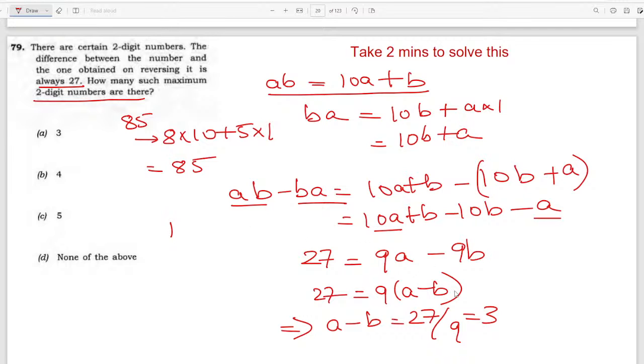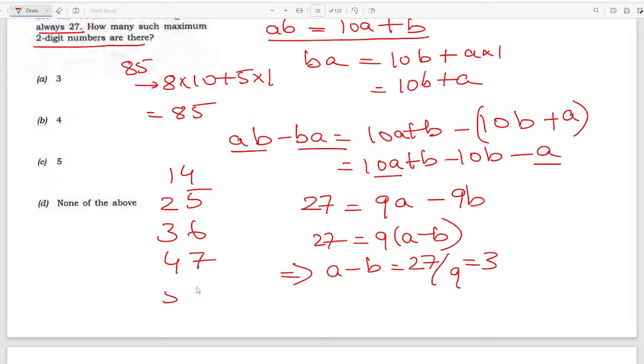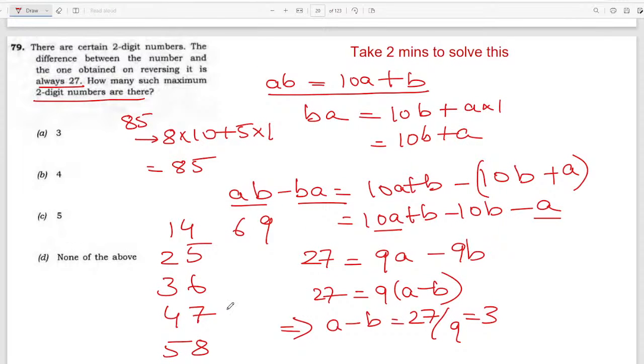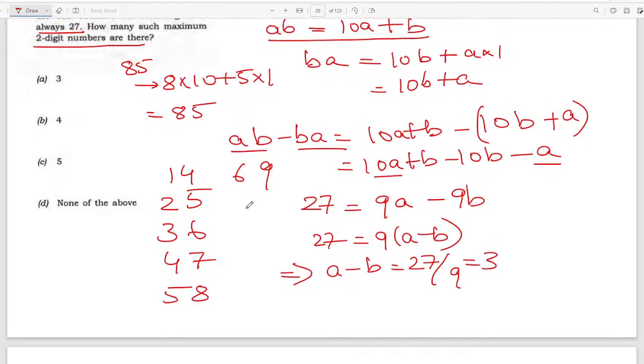The difference should be 3: 1, 4; 2, 5; 3, 6; 4, 7; 5, 8; and 6, 9. These are 6 2-digit numbers. Here they have given only 3, 4, 5. 6 is not there. So the correct answer is option D.